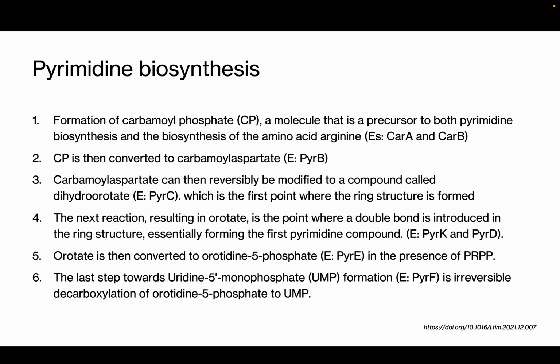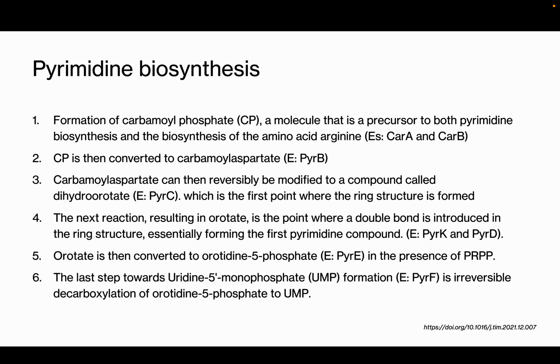Then carbamoyl phosphate is converted to carbamoyl aspartate. Carbamoyl aspartate can then be modified to dihydroorotate via the enzyme PyrC, which is the first point where the ring structure is formed.